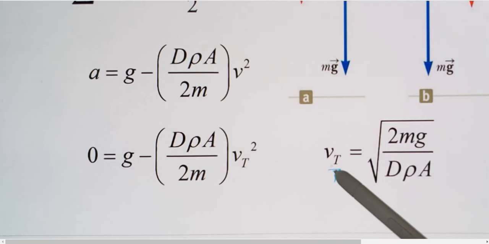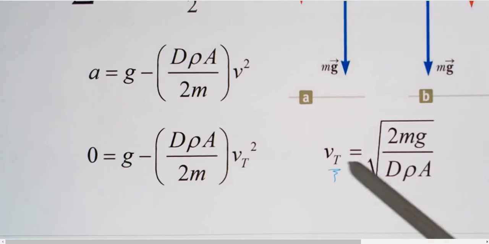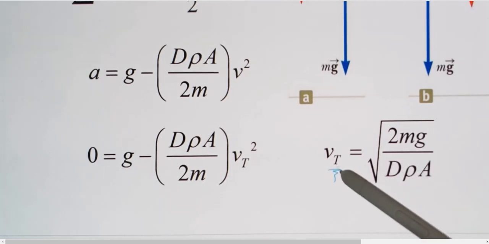Okay, I got it. So in this equation, for example, when G is very large, meaning the planet has a huge gravitational acceleration, then V terminal is also huge.